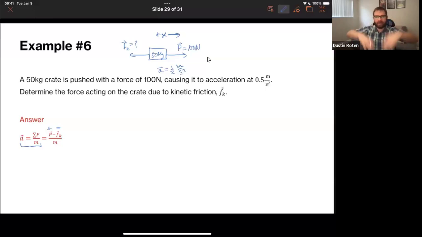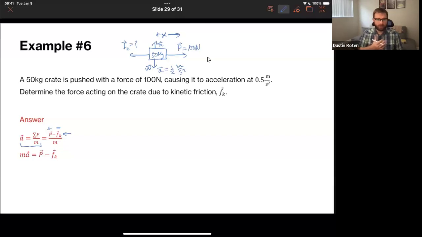I don't care about the up and down direction. Yeah, it has weight pulling down and a normal force going up, but it's not moving up and down, so we don't care about those. We need to take a moment and ask ourselves, are these all the forces we do care about? Yes, those are all the forces. We have the right signs on them, the right positive, the right negative, so we should be good to go.